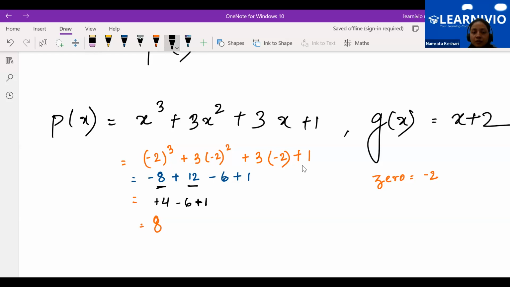It will be -1. It will not be 8. Can you see it, Ayan? Yes. It will be -1. Okay.